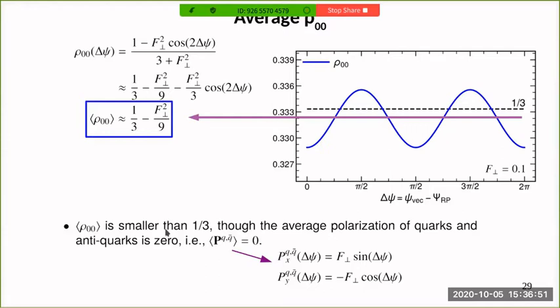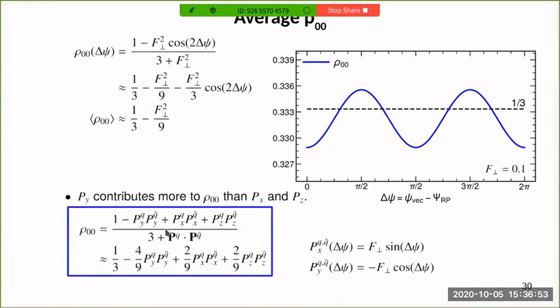To understand why, we can do a Taylor expansion of rho 0,0. Then you can see that in this equation, Py contributes more to rho 0,0 than Px and Pz because this coefficient is 2 times of this and this. So although in this quark polarization, Px and Py are equally weighted, in rho 0,0 after taking the average, it is smaller than 1/3.